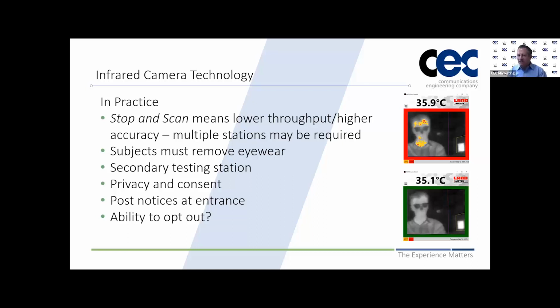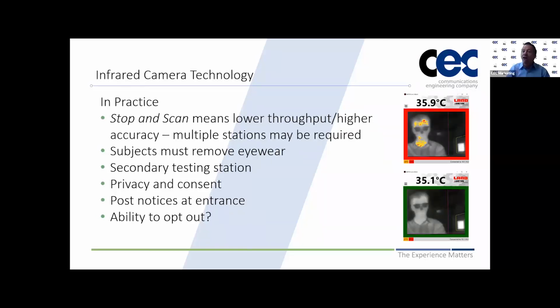And here's where I think some of the non-technical factors come into play. As a matter of fact, I would invite you to consider that if someone did register elevated body temperature, I would want to, without causing a lot of attention, divert them.